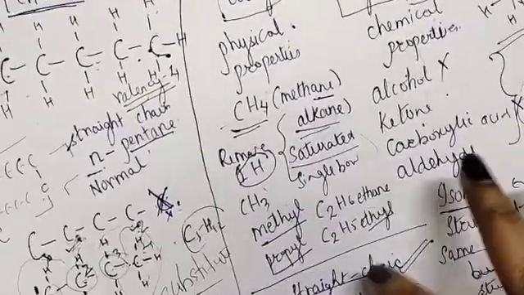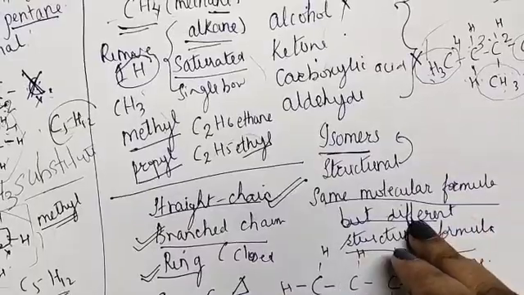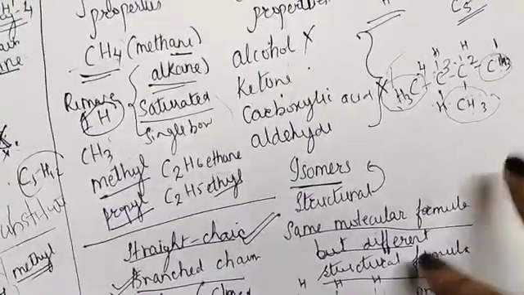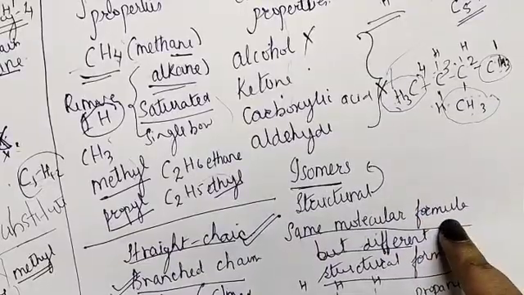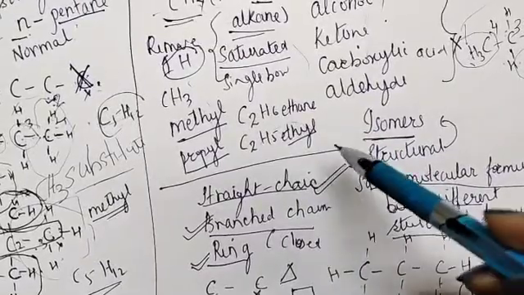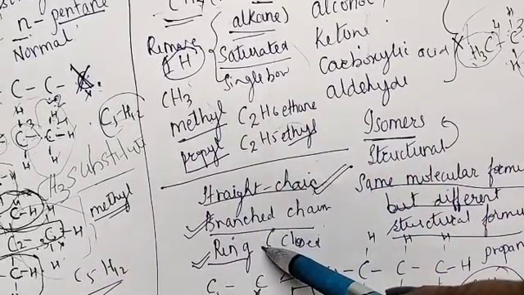And then what we notice, there are some isomer concepts that we need to do. Isomers, specifically targeting the structural one. What are they? They have the same molecular formula but different structural formula. So we have studied three types. One is straight chain, branched chain, and ring structure.